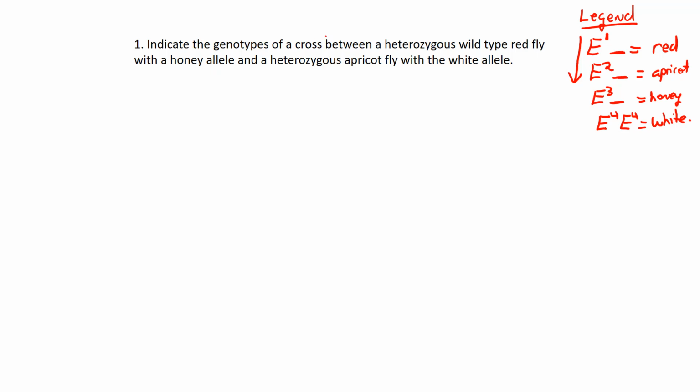Identify the genotypes of a cross between a heterozygous wild red fly with a honey allele. That's one parent. Crossed with a heterozygous apricot fly with a white allele. So those are our two parents.